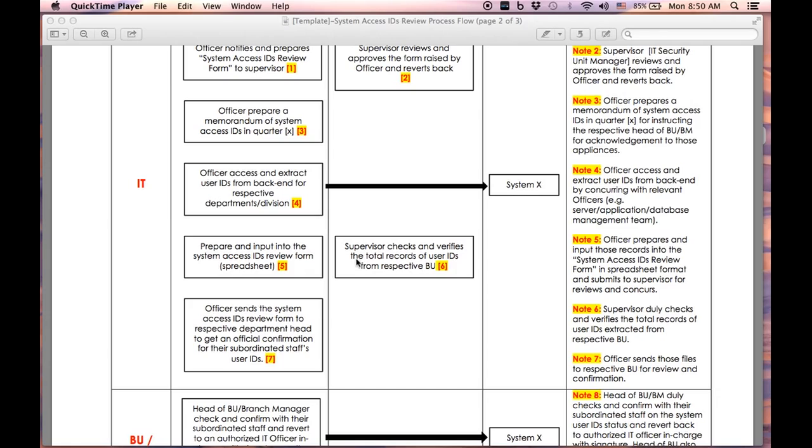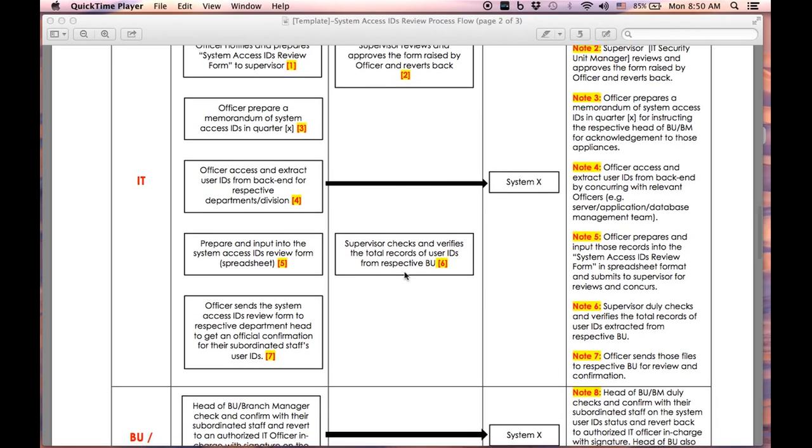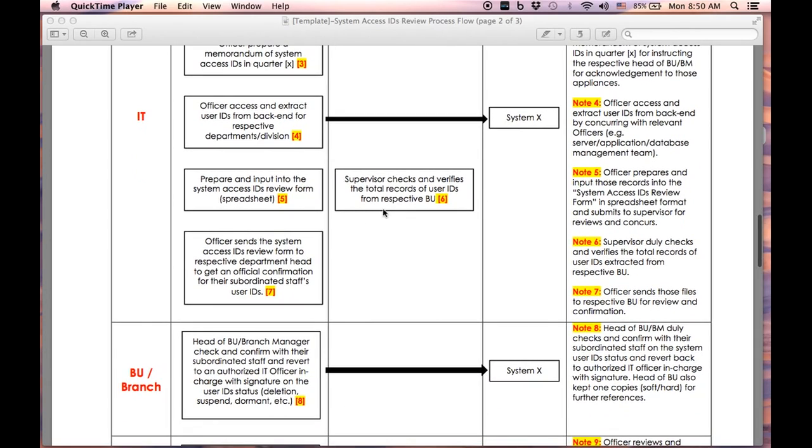Next, we pass the process to the supervisor to check and verify the total record or user ID from the respective BU. After that, the supervisor passes it to the officer to send the system access ID review form to the respective department head to get official confirmation for their subordinate staff user IDs. This is the process done by the IT department.